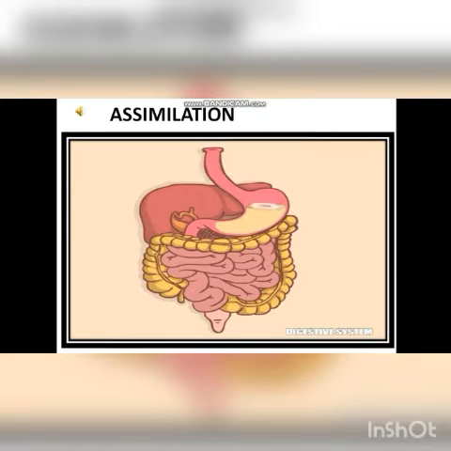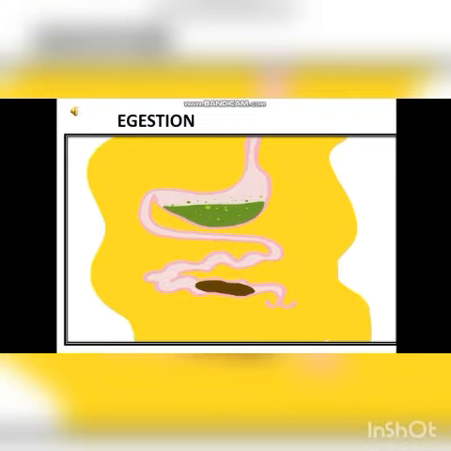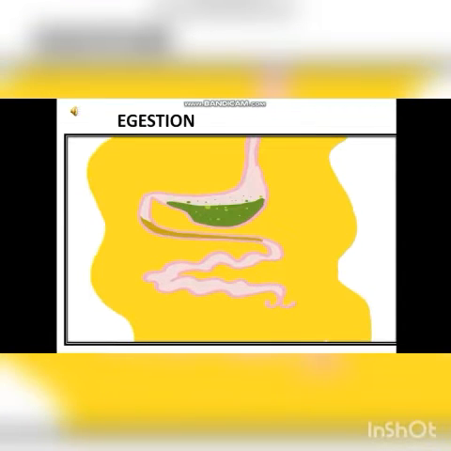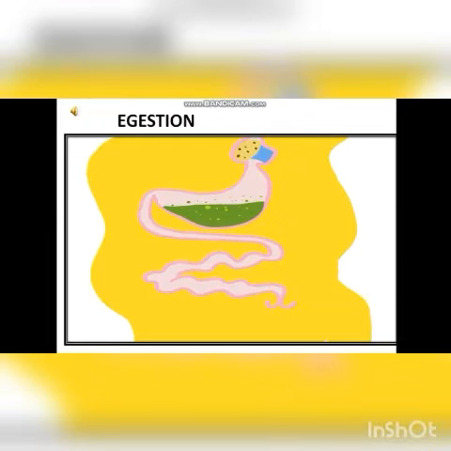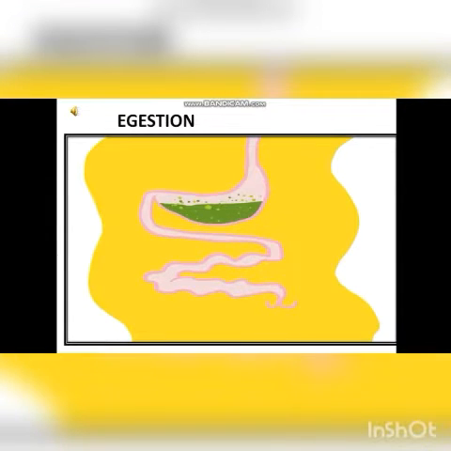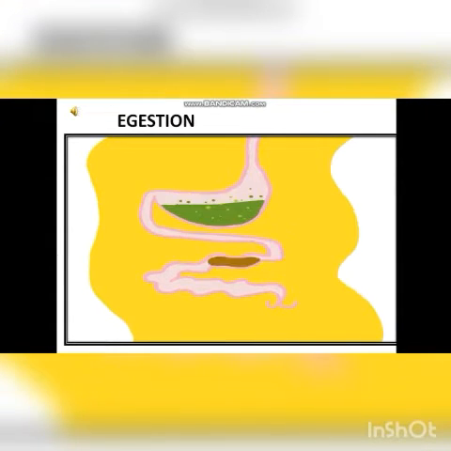Assimilation. It is the process by which absorbed nutrients are utilized by the body. Last is egestion. Egestion, students, is the process of elimination of undigested solid parts of the food.